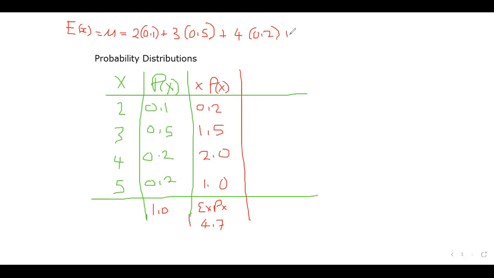Also multiplied 5 times what? 0.2. Then the final answer we'll put in is 3.5. So this is how we calculate our mean. You can either use a table or calculation differently. You get your 3 marks. Are we together at this point?